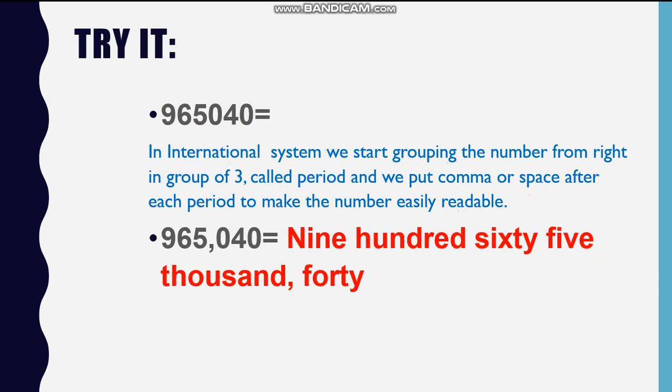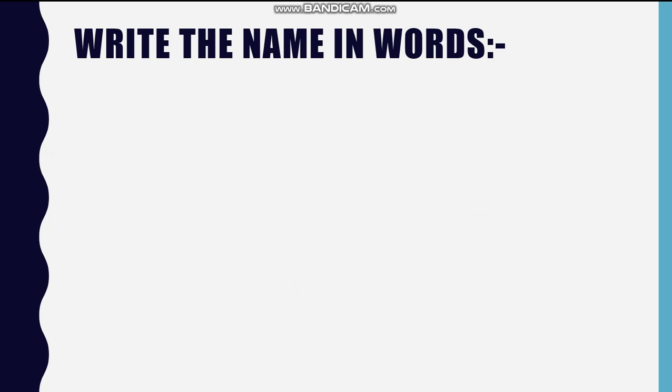So how will I read this? This is 965,040. Now write the name in words. This is the number displayed on my screen. You have to write the name in words. How will you write it?